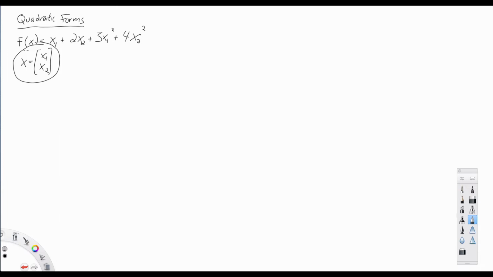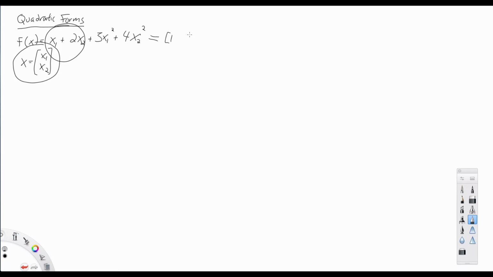We can write this function equivalently in a matrix-based form. If we have a look, for example, at these first two terms, these are linear terms. This is going to be equivalently equal to 1 times x1 plus 2 times x2. And if we think about vector multiplication, then we can rewrite this in this way.